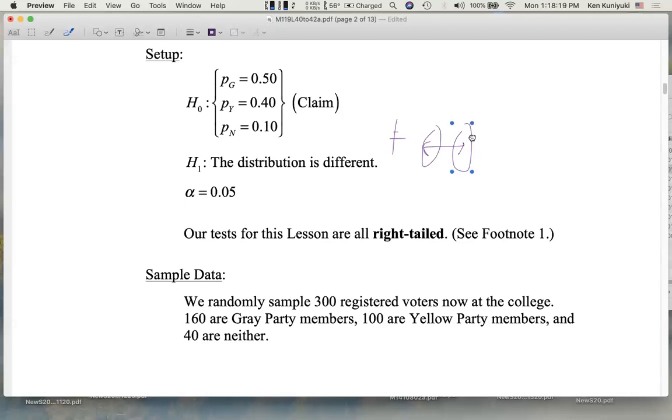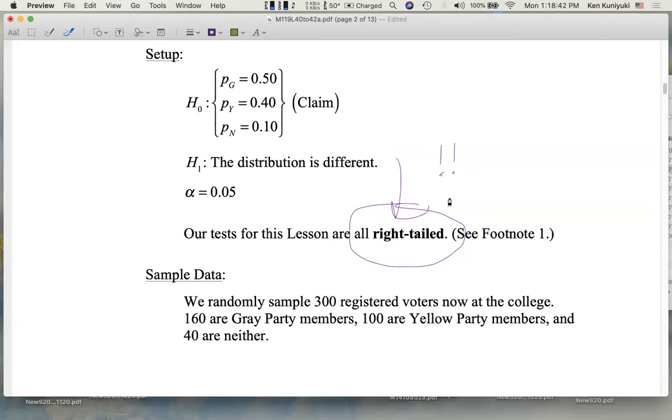But here, actually, the tests in this lesson, these goodness of fit tests, are going to be right-tailed, which might surprise you. Okay, and I'm going to explain later on why it is that these hypothesis tests are going to be right-tailed.